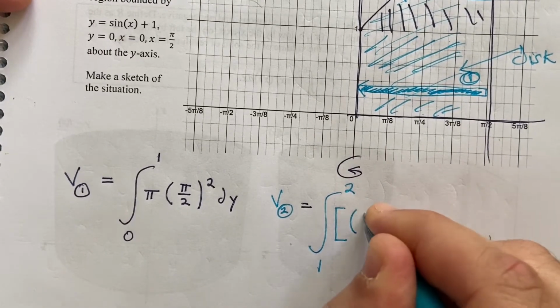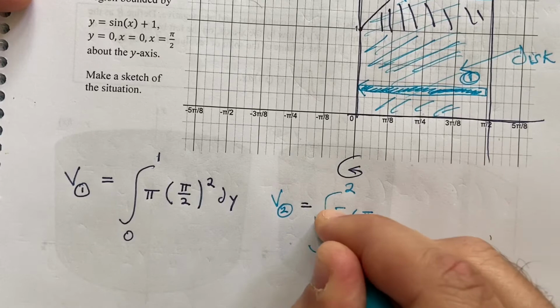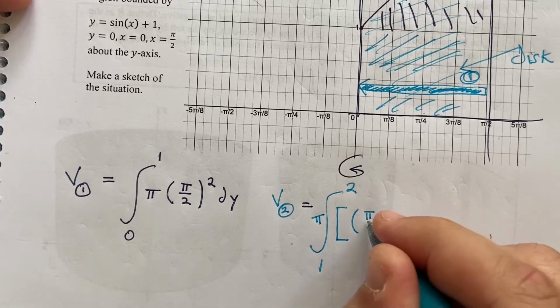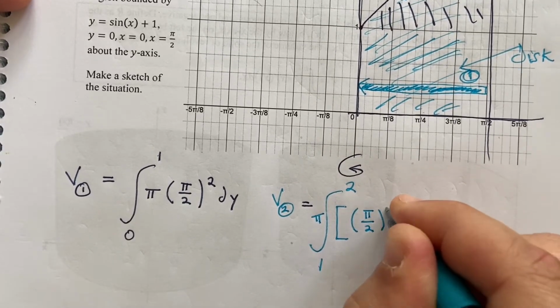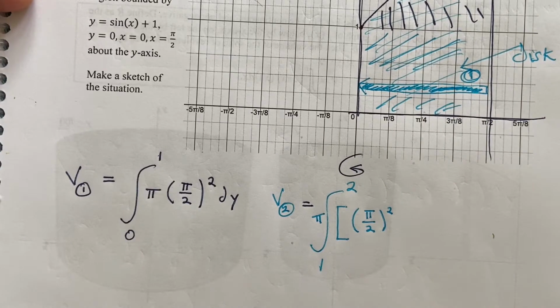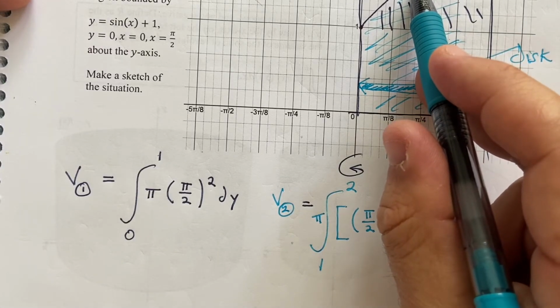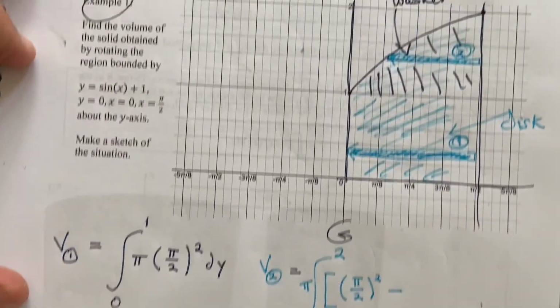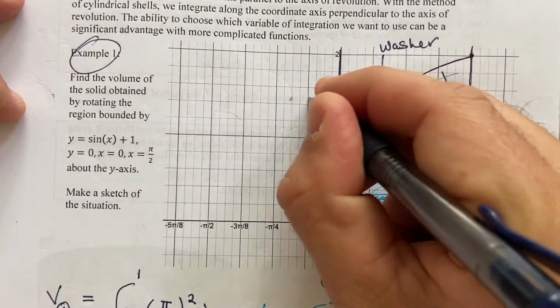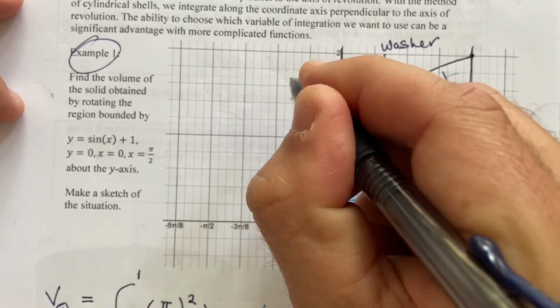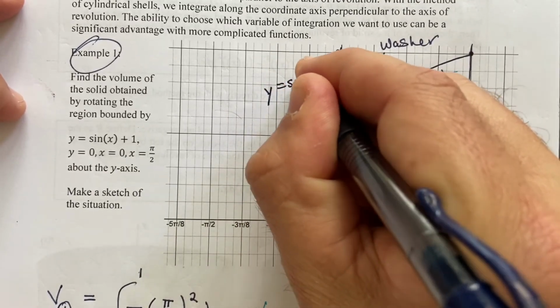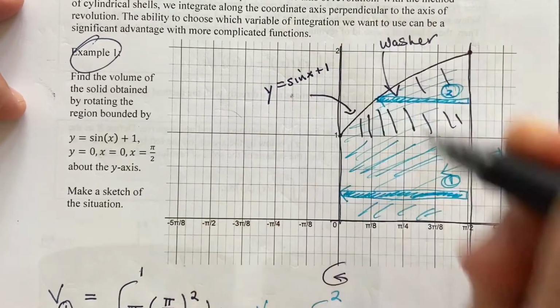So I'll have pi, maybe I'll just bring the pi out front before I forget about it, times pi over 2 squared, that's that outer function. And then minus this inner function squared. So this inner function here is y equals sine of x plus 1.